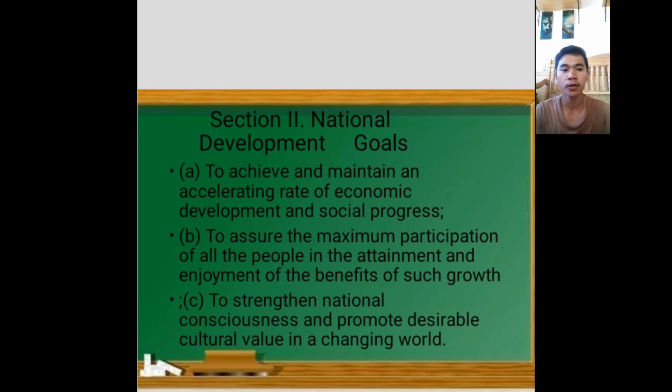First, to achieve and maintain an accelerating rate of economic development and social progress. The second, to assure the maximum participation of all the people in the attainment and enjoyment of the benefits of such growth. The third is to strengthen national consciousness and promote desirable cultural values in a changing world.